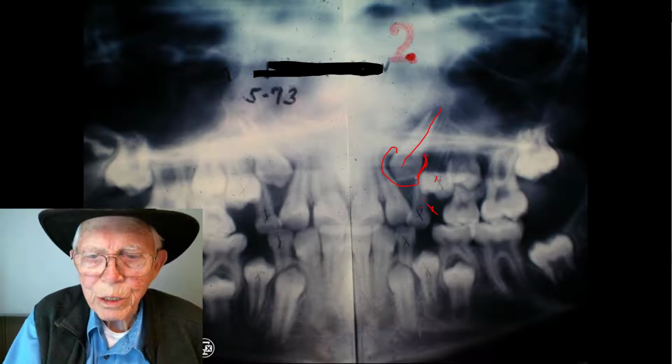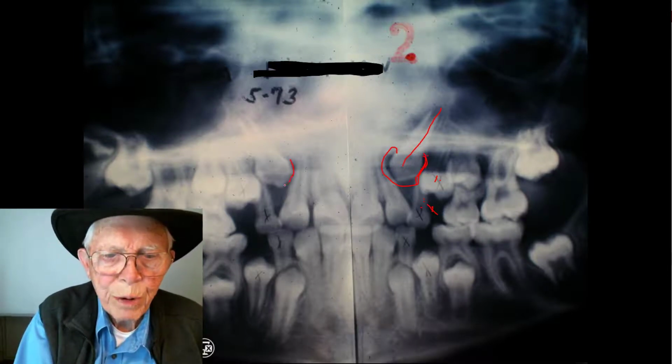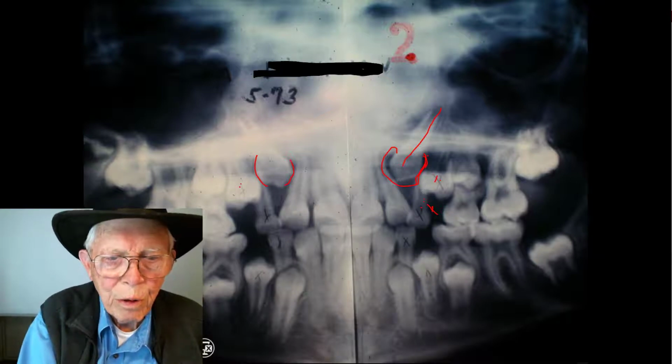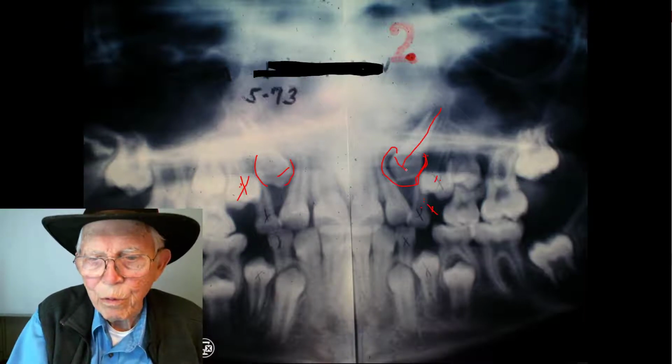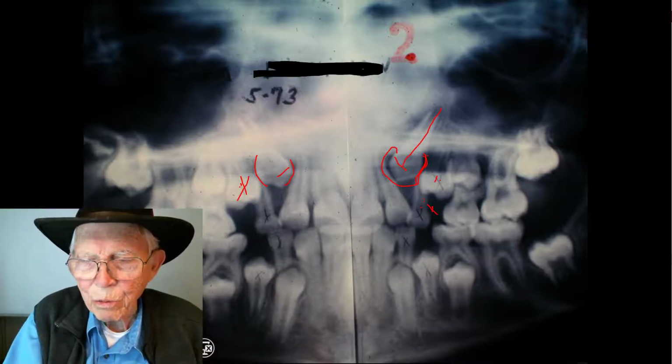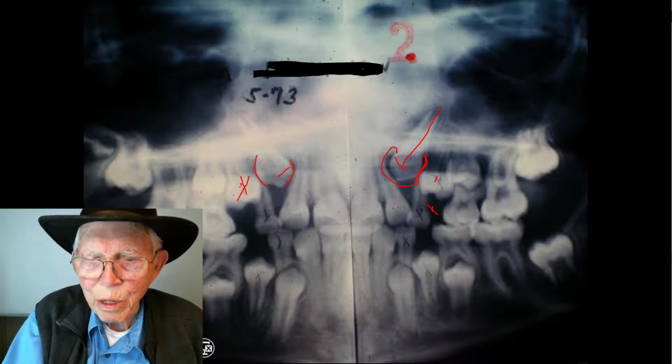So this follicle is pressed there. It's pressed in here, you see, and you've got a tooth here. We're going to take this tooth out, and now this tooth will move away, and as it moves away, this lateral will straighten out.